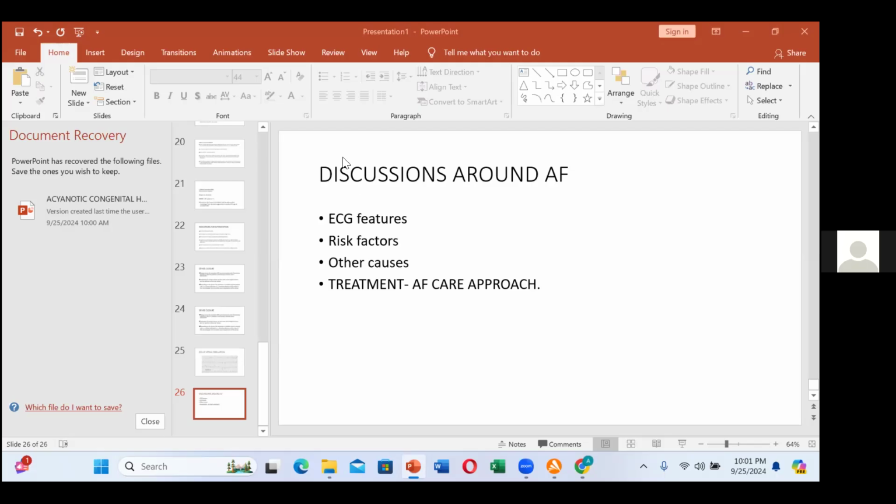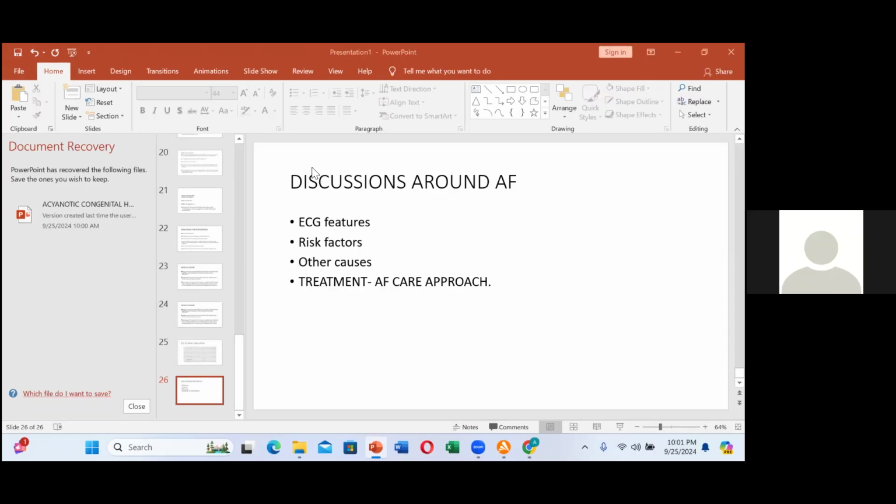Okay, sure, no problem. But it's important to know the ECG findings in the different types of ASD. And when you were discussing the treatment for ASD, you said there is surgical and there is device closure.